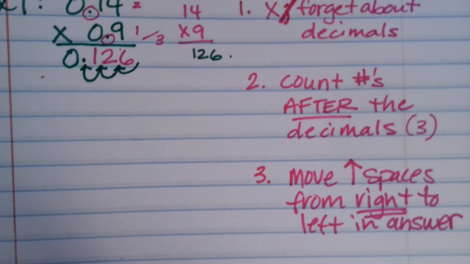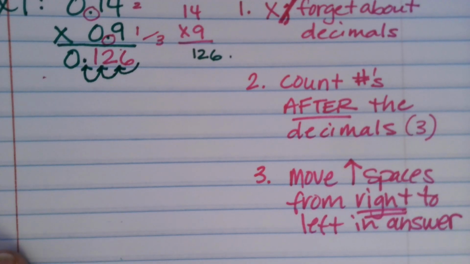Well, I say that. It depends. It depends on how big the whole number is and how much you're multiplying it by, decimal-wise. But yeah, it'll still show you how many spaces to move over. Good question. We'll do some with whole numbers, though, to show.